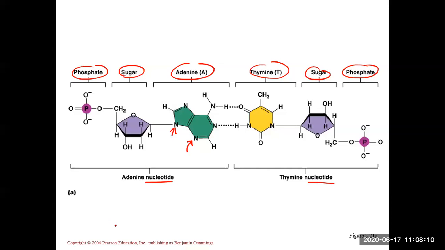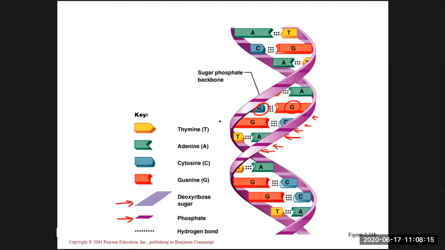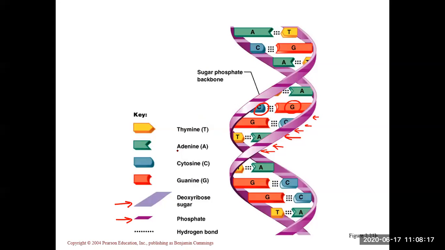Now if we take a look at this one, you'll see that adenine and thymine are always pairing up with one another. Adenine, thymine, thymine, adenine, thymine, adenine. And guanine and cytosine pair up with one another.